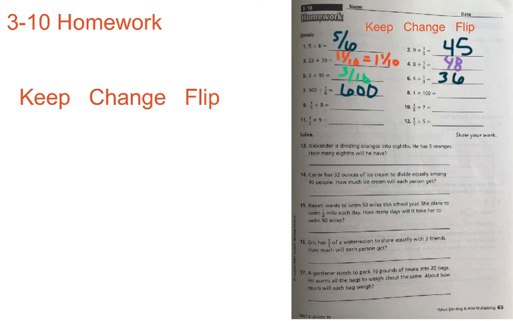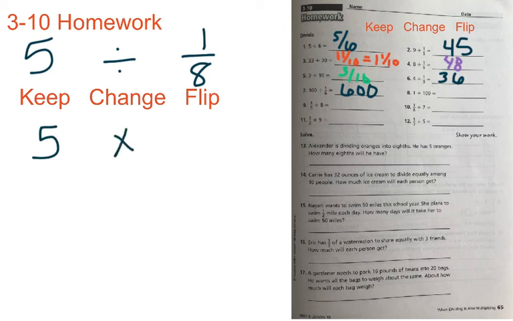Let's look at number 13. Number 13 reads, Alexander is dividing oranges into eighths. He has 5 oranges. How many eighths will he have? Okay, he has 5 oranges, so 5 divided by, he's breaking those oranges up into eighths. And an eighth written is 1 over 8. So 5 divided by 1/8. And now we have to practice our keep, change, flip. So we're going to keep our 5.